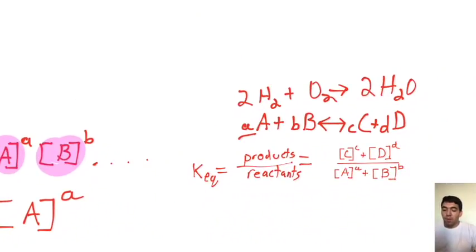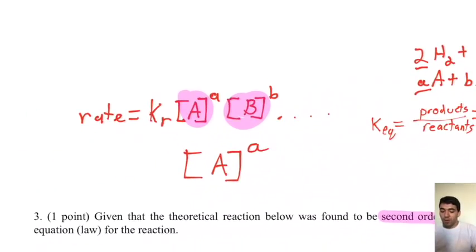But now we have these coefficients, or numbers we're multiplying to our actual molecules in front of them. So this 2 over here is the same thing as that a down there, and that goes into our rate law. All our concentrations are raised to the power of that coefficient, or that number in front of the molecule.